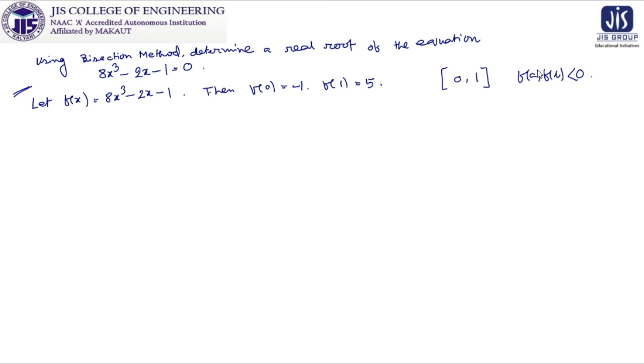Now one question should be asked: in case f(1) is negative, then what will we do? We will go for f(2), we will go for f(3), and so on in this manner, or you can go for f(-1), f(-2). One more question will be asked: is it always guaranteed that we have to find the functional value starting from 0?